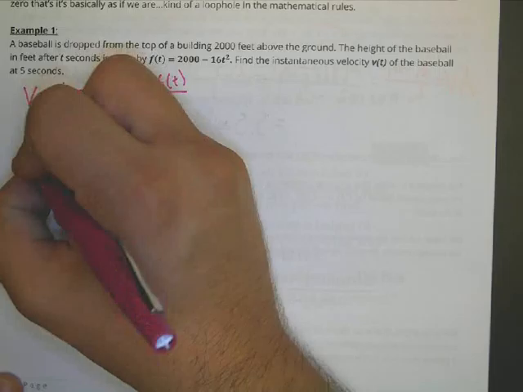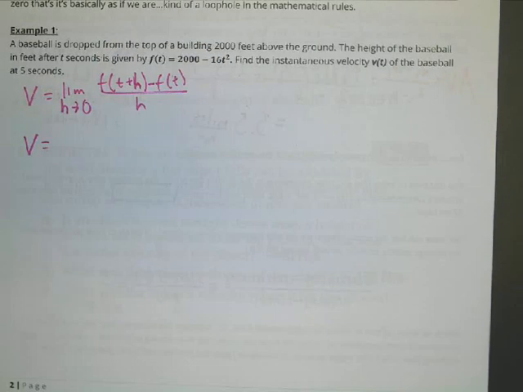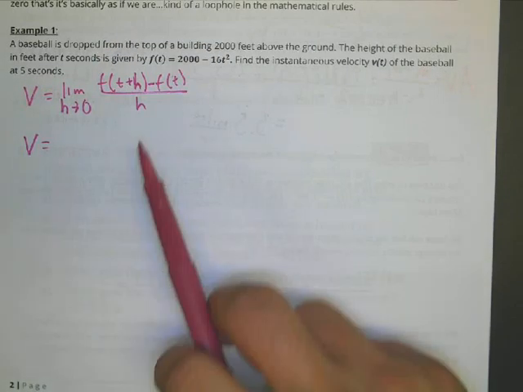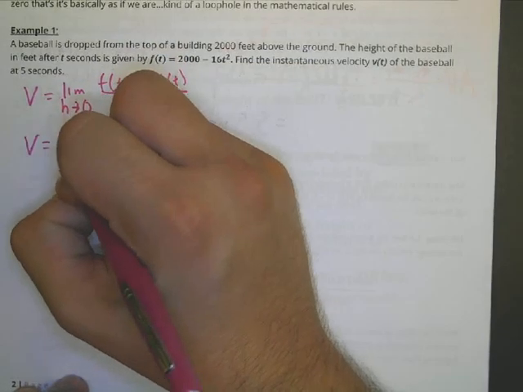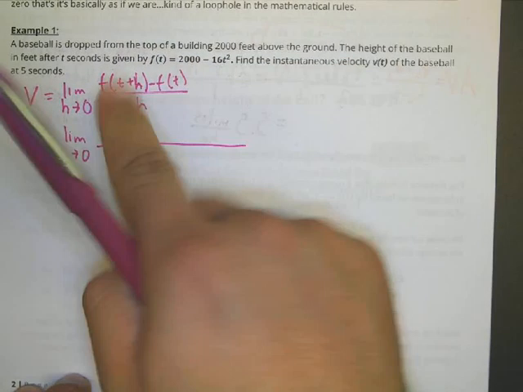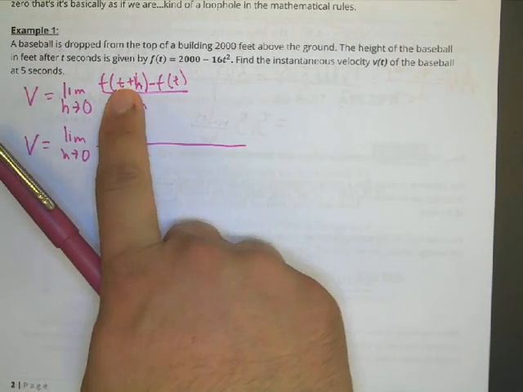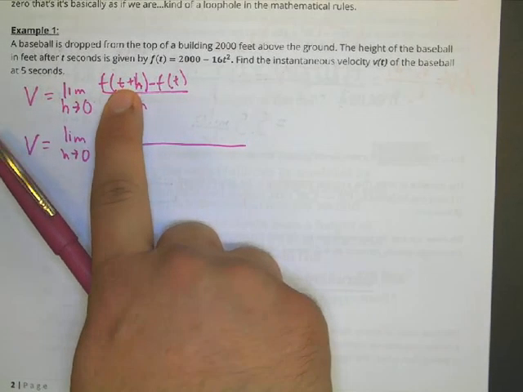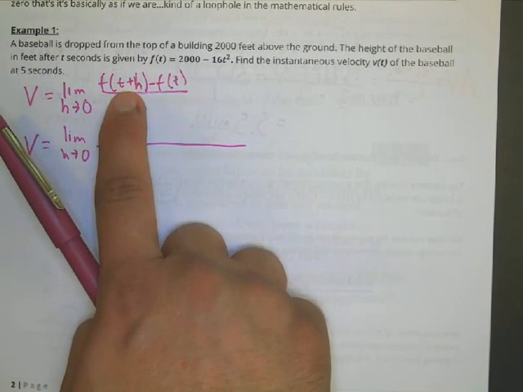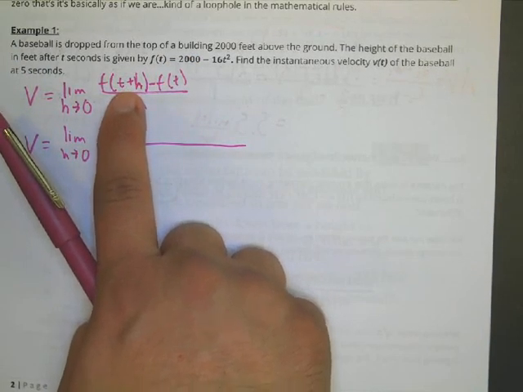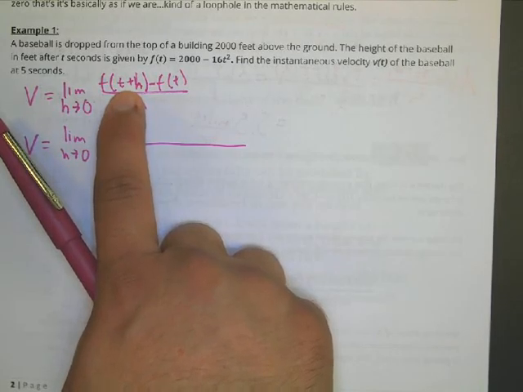So we're going to plug stuff in. Now remember, what this is basically saying is that everywhere you see a t in the function up here, instead of plugging in a t, you're going to plug in a what? Not 5. Remember what we did yesterday?